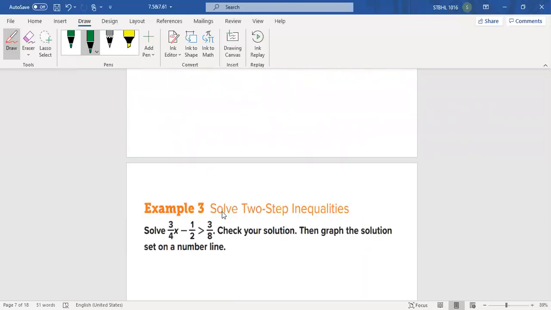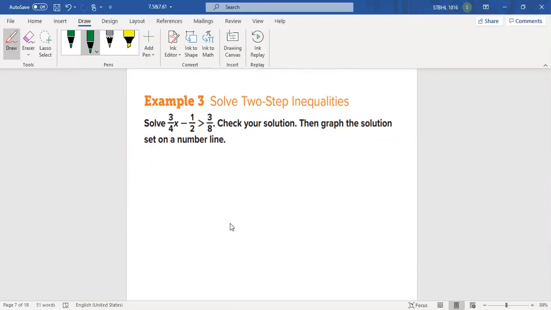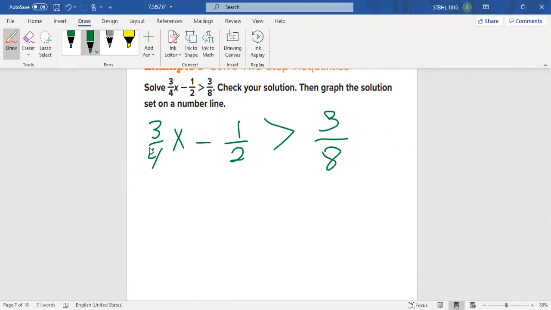Okay, so what about the fraction? Also the same procedure. Now 3 over 4x minus 1 over 2 is more than 3 over 8. Now I have to cancel negative half. To isolate the variable alone, I will cancel the operation with the variable step by step.